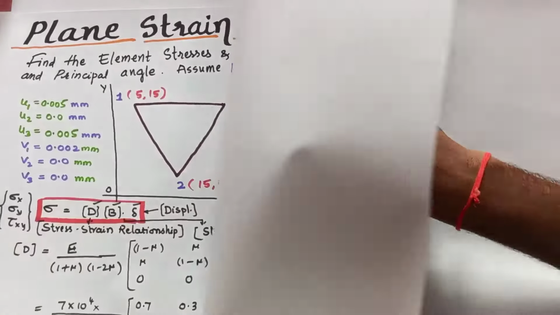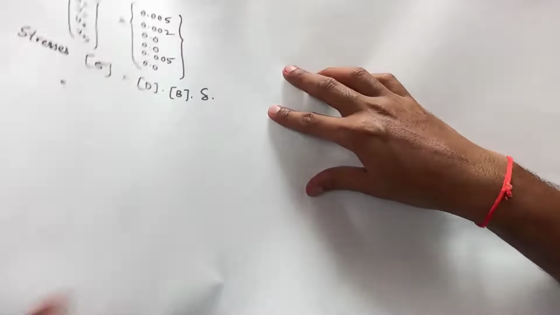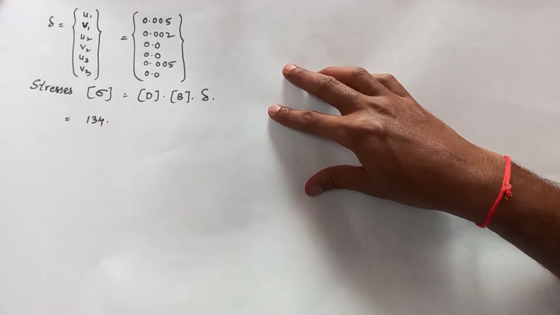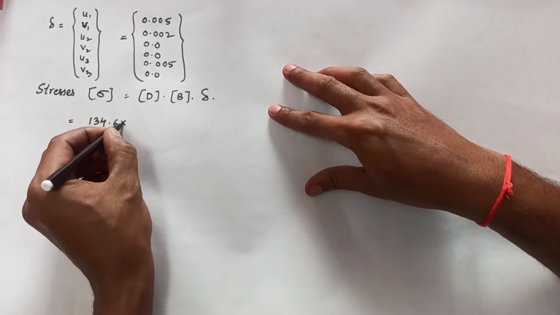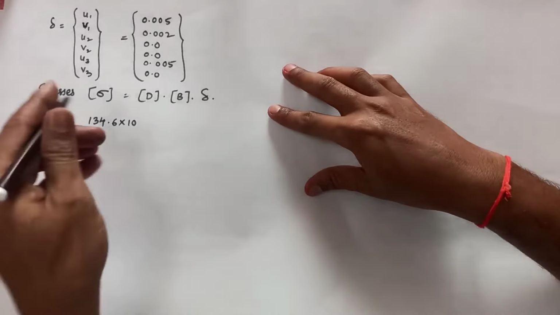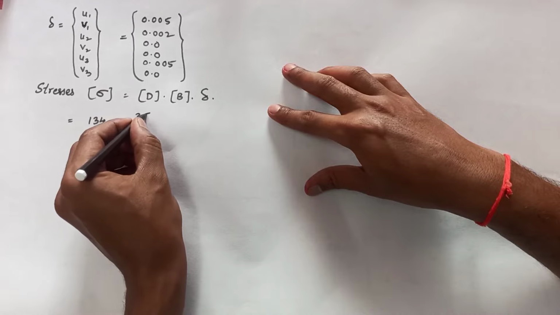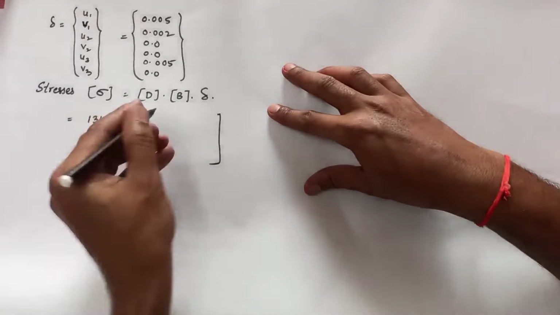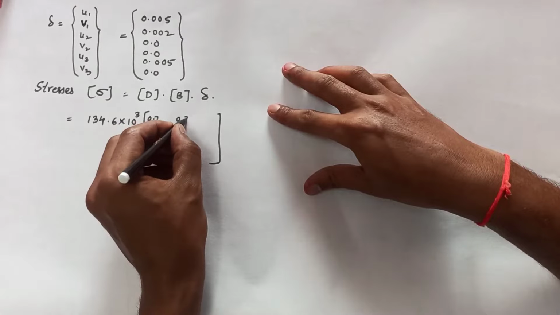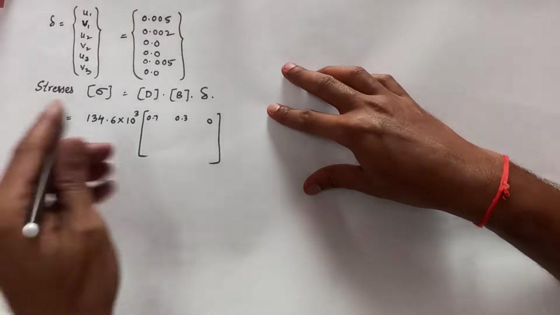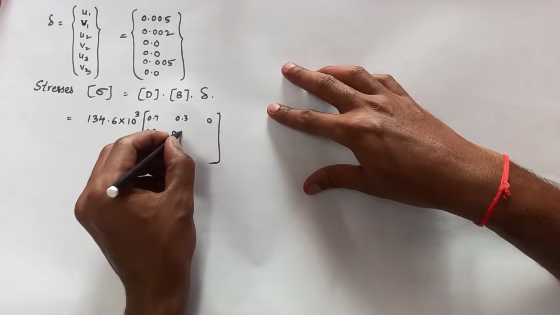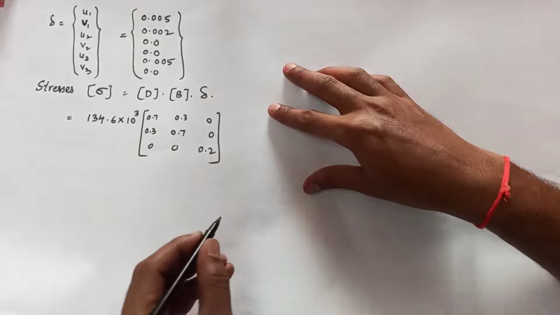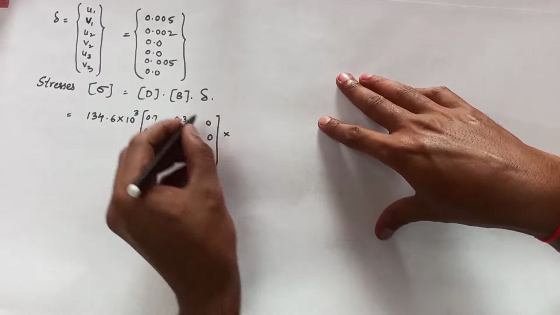Let us write this one: 134.6 into 10 power 3, in the 3 by 3 matrix, 0.7, 0.3, 0, next 0.3, 0.7, 0, 0, 0, 0.2 at the end. This we multiply with the B matrix.